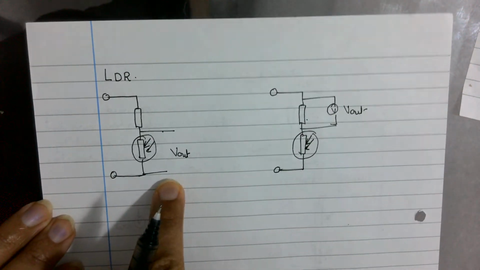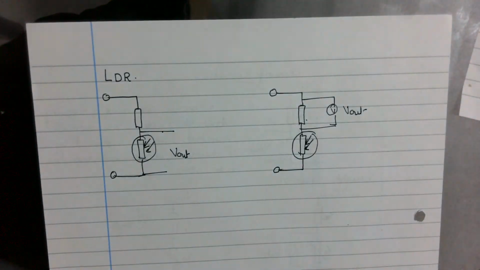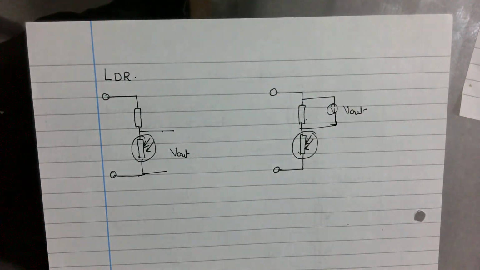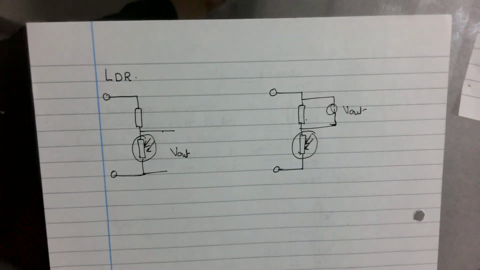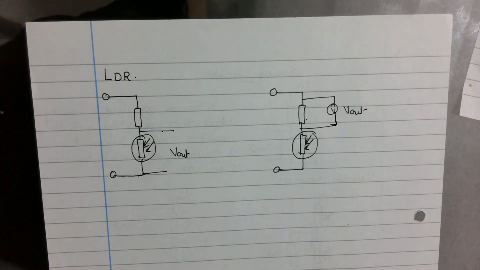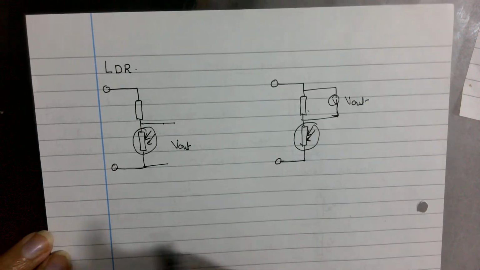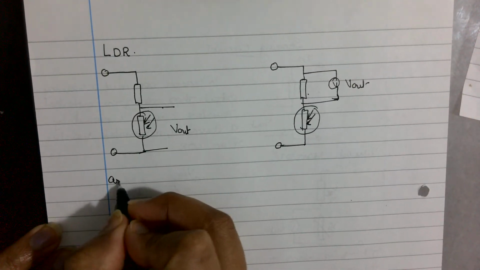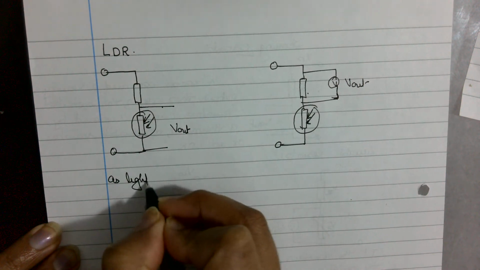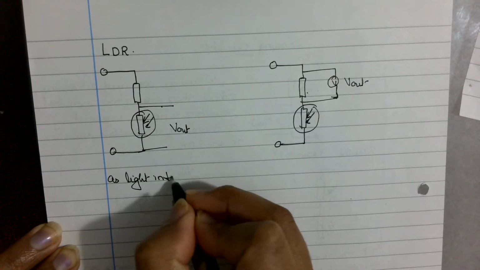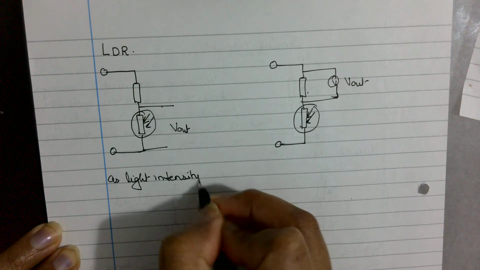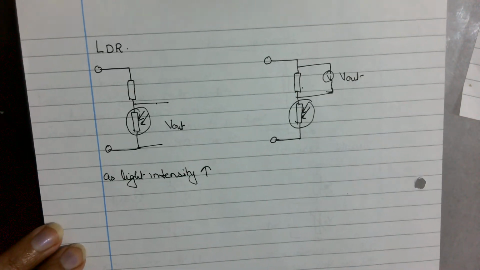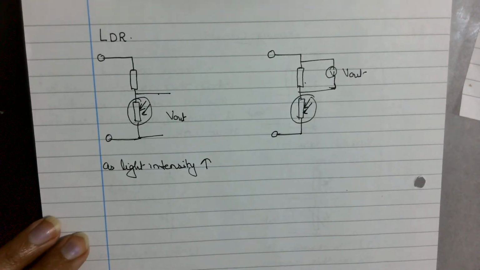I don't know if it is confusing anyone. Some places I show V out with a voltmeter, and some places I show it without the voltmeter. So here, what is the speciality of LDRs? As light intensity increases, same as thermistors, only the difference is instead of temperature, you will have light intensity.